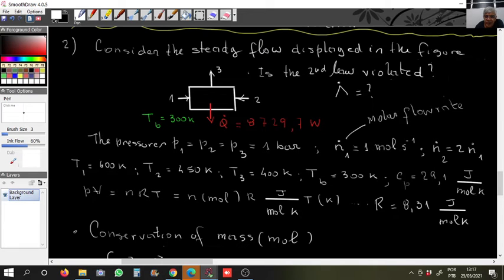Don't forget, the system here we call the subsystem, which is our system, and this is the surroundings. The temperature of the surroundings is 300 Kelvin. So you see the system, the heat is flowing out of the system.